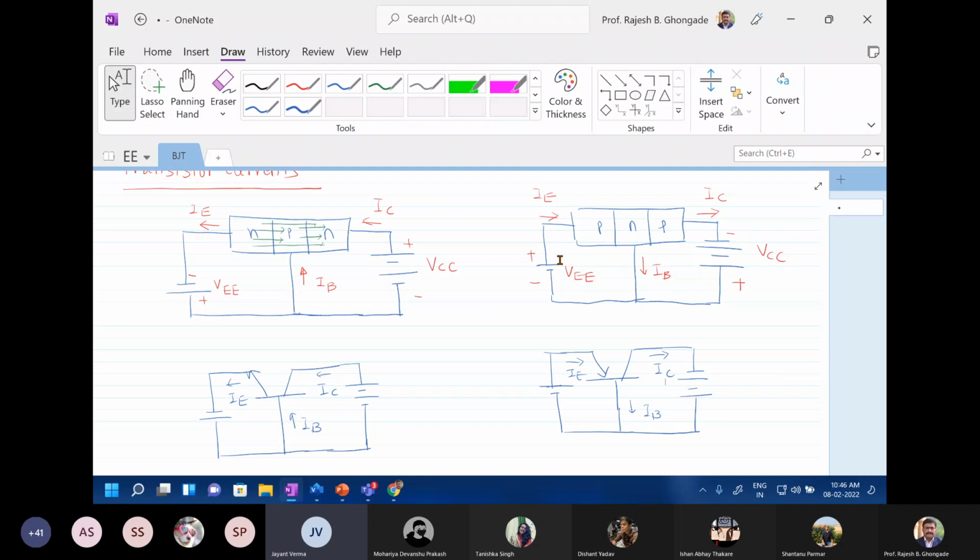If not, we'll go to the last topic for today, and that is the current components, which again is a very, very important concept. Let me just find out the figure. तो हम लोग क्या करेंगे?